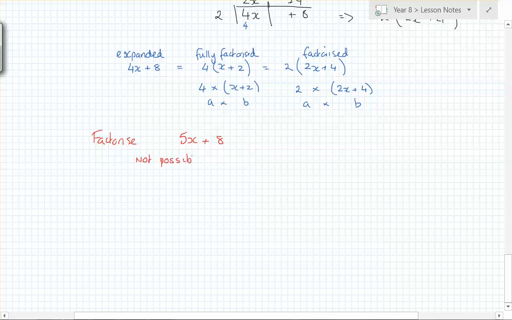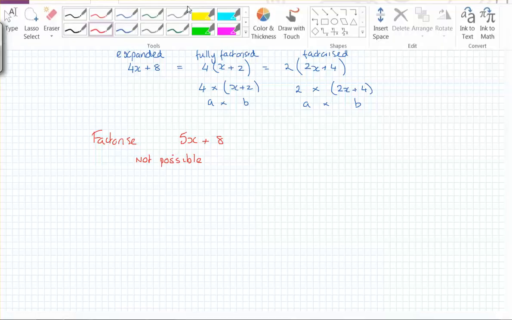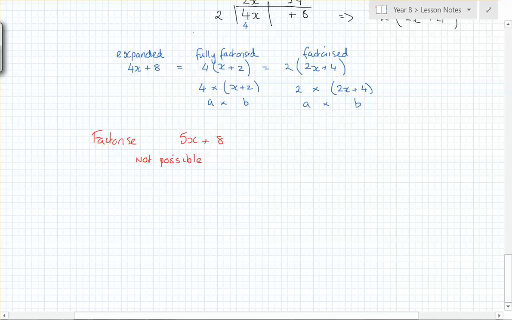Well, it's just not possible to factorise. Sometimes it's not possible to factorise. So you just write not possible, can't factorise.